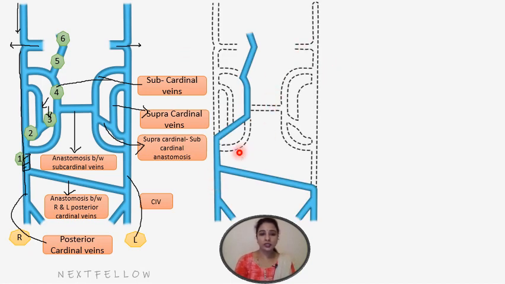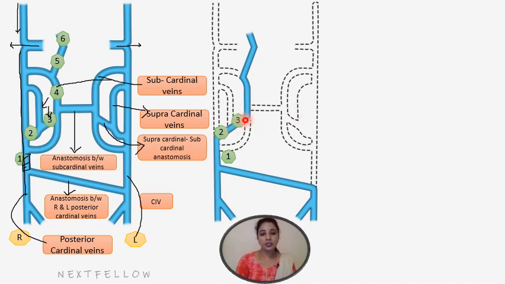Let's see again here. The first part is the right posterior cardinal vein, the sacrocardinal segment. The second is the supracardinal vein, this one; the rest of it will disappear, most of it is disappearing.